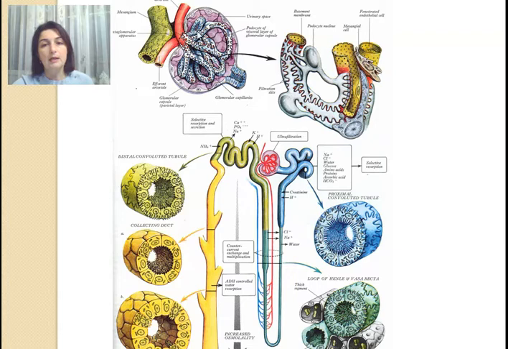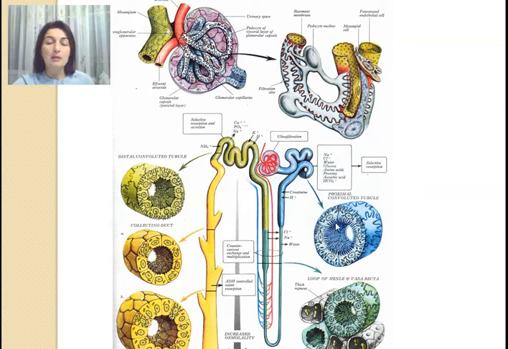And in this case, we can see differences in the histological structure of different parts of the kidney tubules. In the proximal convoluted tubule, the cells are cuboidal, and we cannot distinguish the boundaries between neighboring cells because there are lots of interdigitations between the cells.